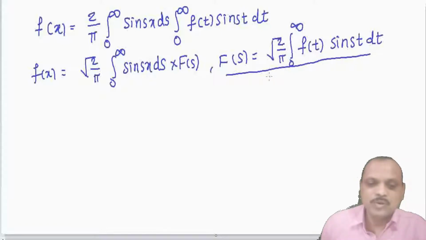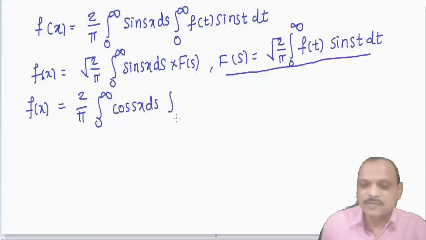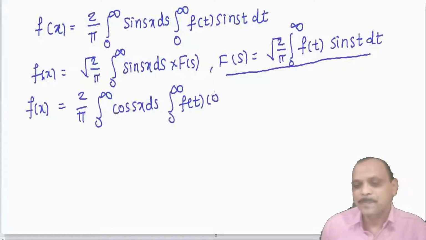Similarly, we have the Fourier cosine integral 2 divided by pi integration 0 to infinity cos of sx dx integration 0 to infinity f of t into cos of st into dt.